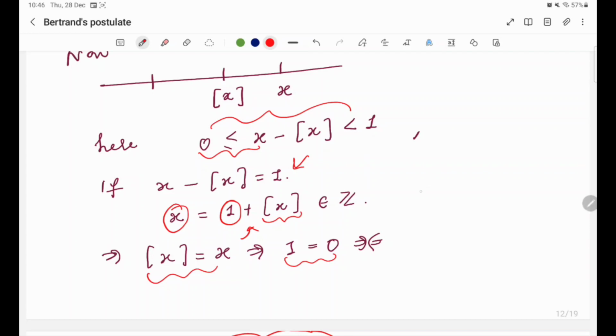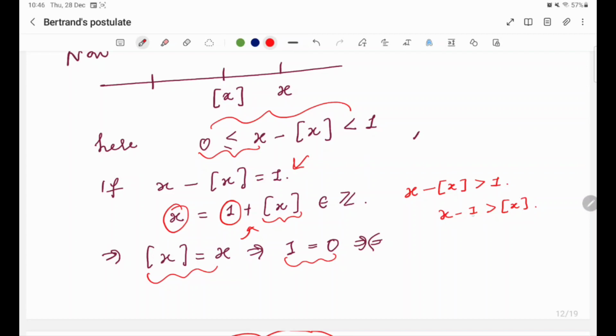Now the question is, is it greater than 1? Suppose this quantity is greater than 1. Then we have x minus 1 is greater than box x, right?